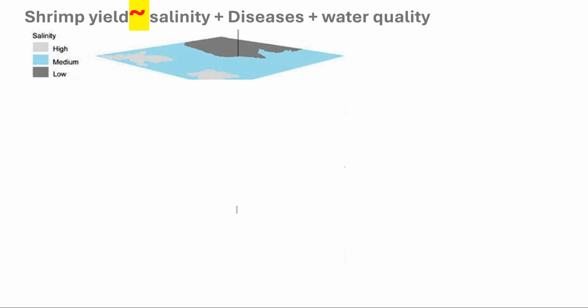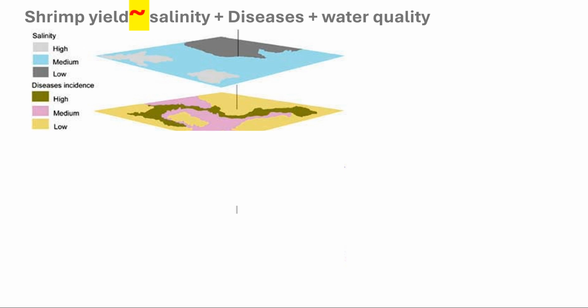First, salinity would be a layer of gradients of salinity that can be classified into high salinity, medium salinity, or low salinity. So high salinity would be the light gray areas, and the medium salinity is the bluish areas. And we could see and conclude that the majority of the farm has medium salinity.